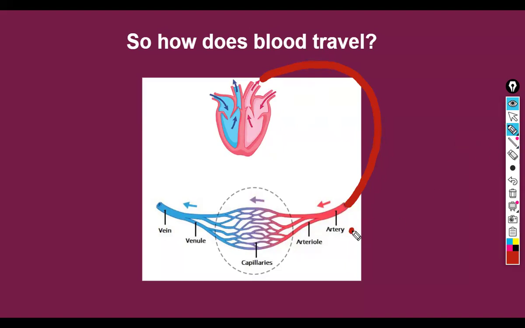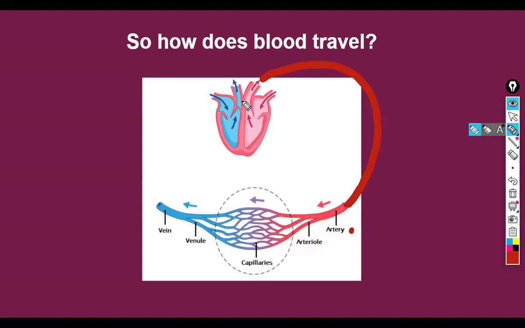So arteries are vessels where blood leaves the heart. And arteries are usually very thick and strong because when blood leaves the heart, it comes out at a very high pressure. So you need something that can withstand that pressure.